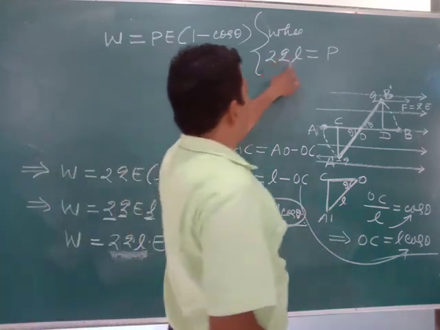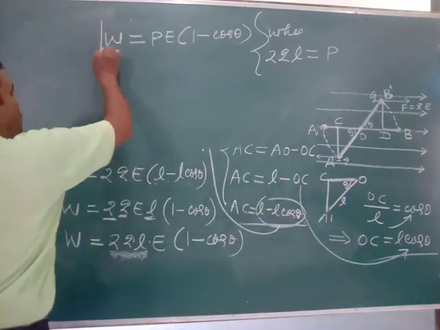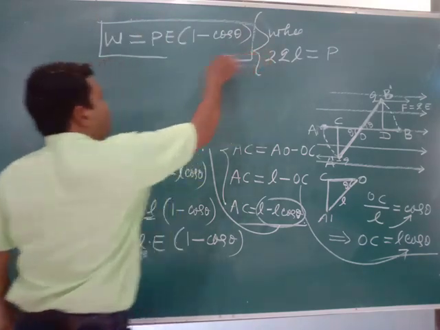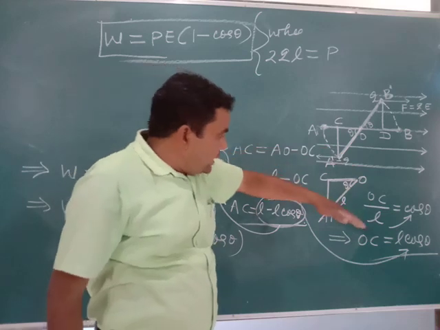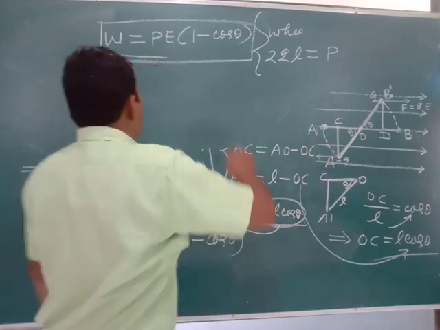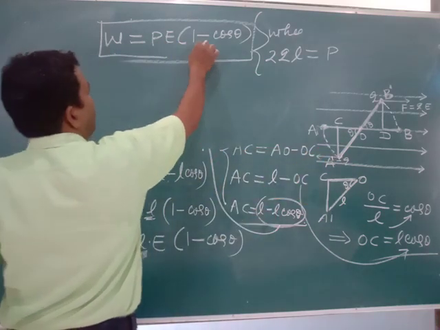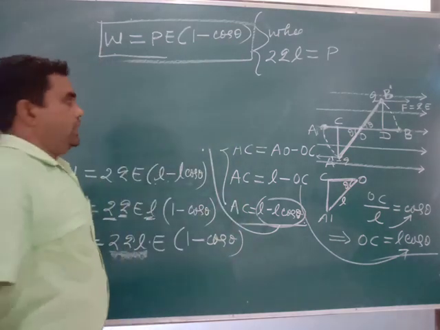Then the total work done due to the rotation of the electric dipole at an angle theta is W is equal to PE times 1 minus cos theta.